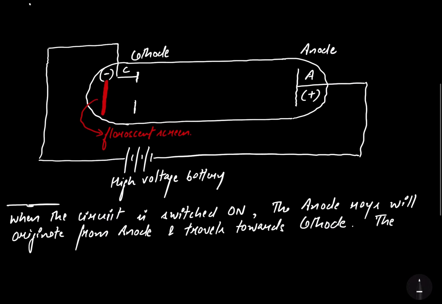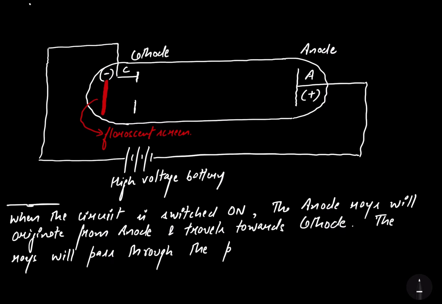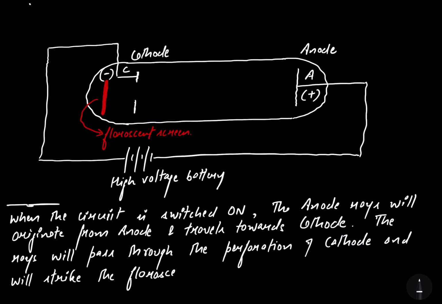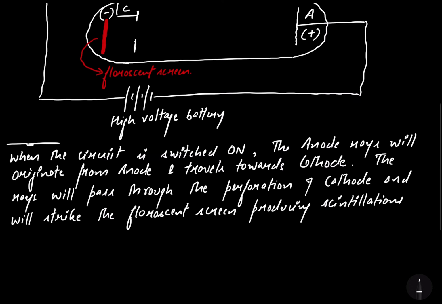The rays will pass through the perforation or the hole of the cathode and will strike the fluorescent screen, producing scintillations or some impressions on it.